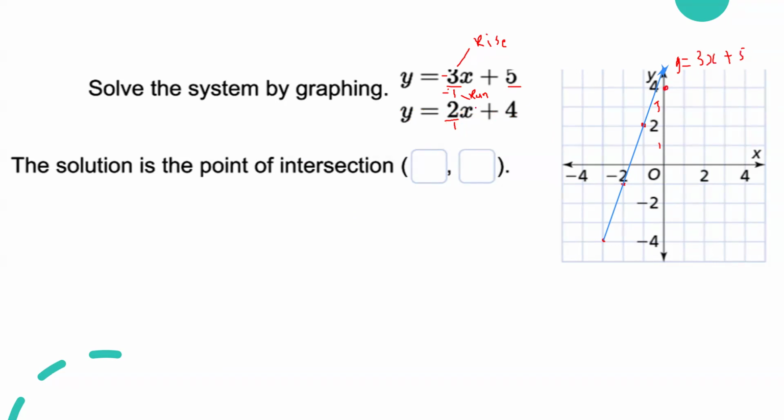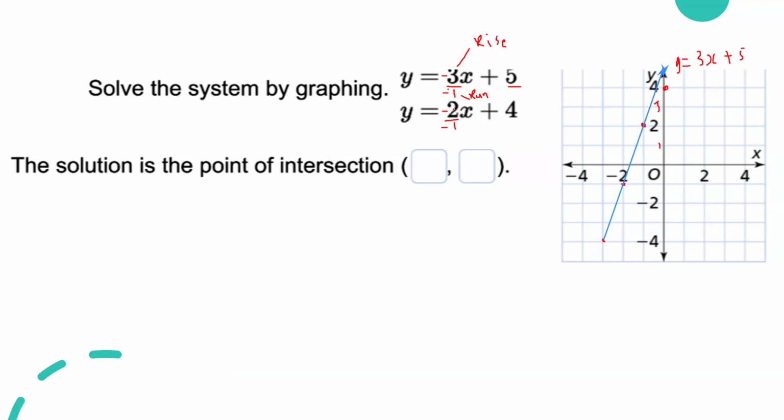Now, after plotting my point, if you notice, based on the Cartesian plane that we have here, we can't go up because we don't have any numbers, so I will have to just go down on my y-axis. So I'm going to change this positive to negative to show you that I'm going down. I start at my y-intercept, which is positive 4. I'm going to go down 2, because remember, the numerator is my rise and the denominator is my run.